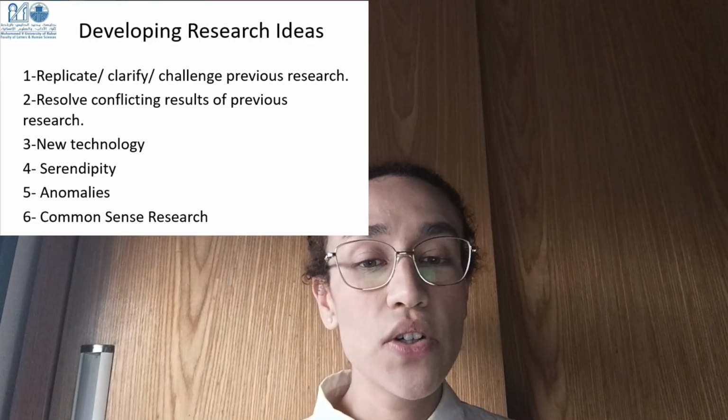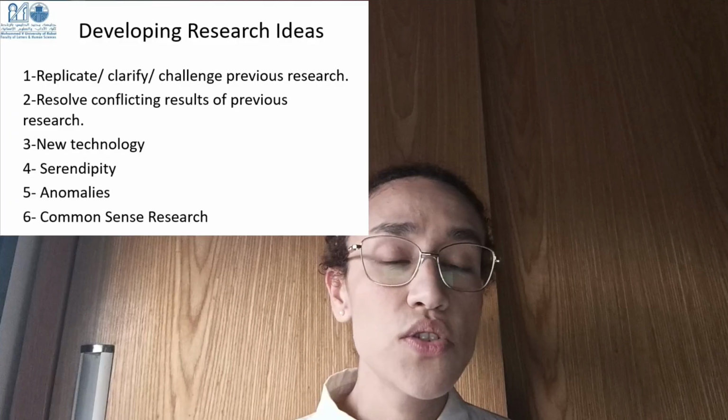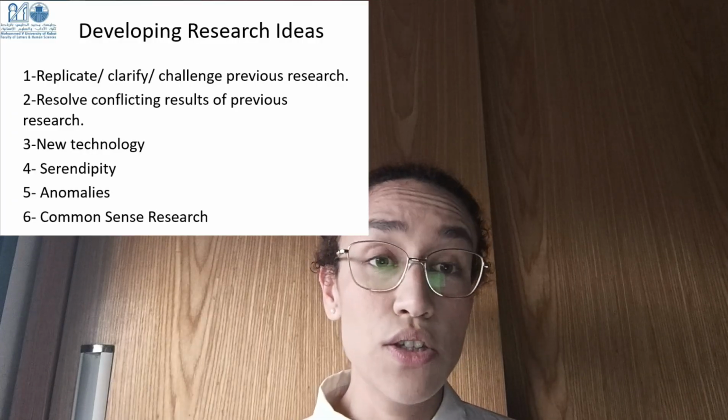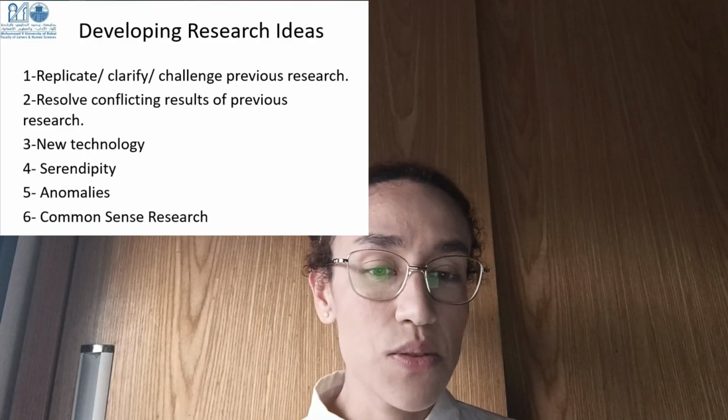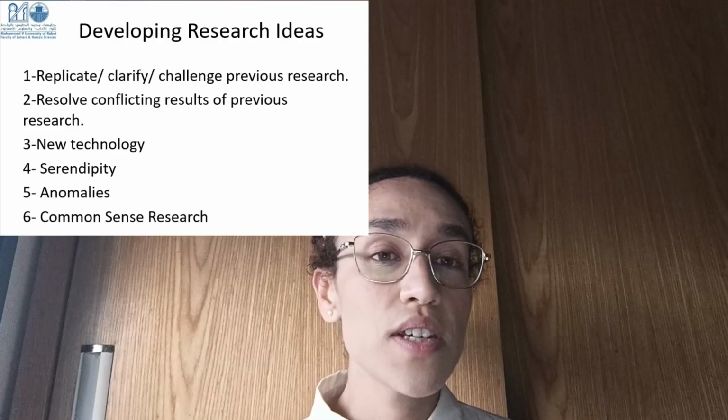Anomalies are the unexpected situations that should not technically exist, and therefore we study them. Common sense research concerns exploring further something we know, like history, tradition. Basic common sense says this is how things are until someone challenges them.